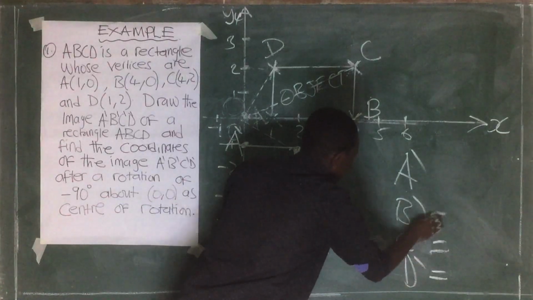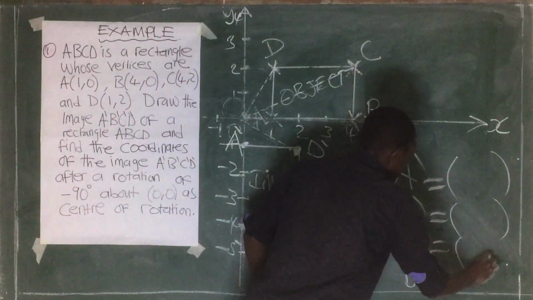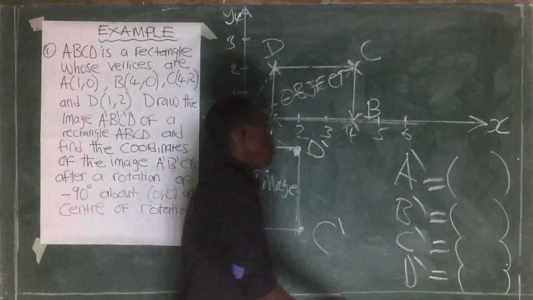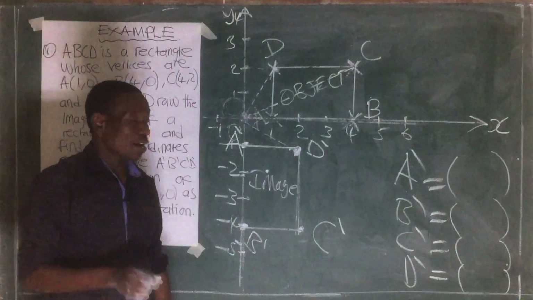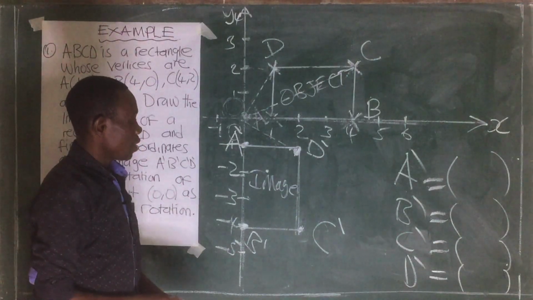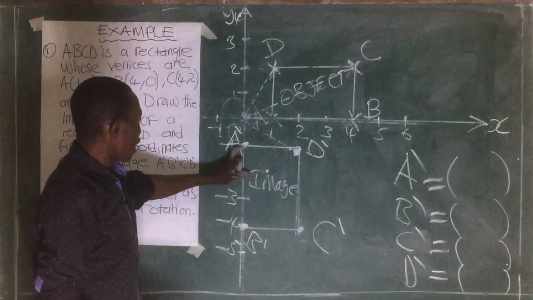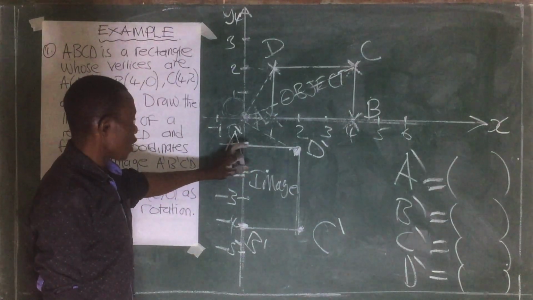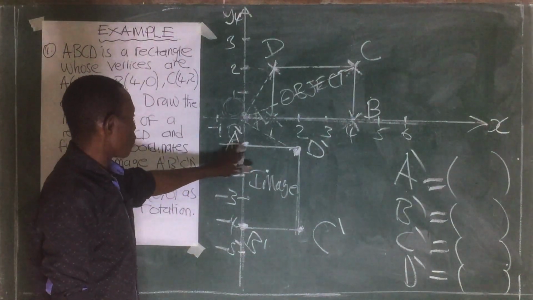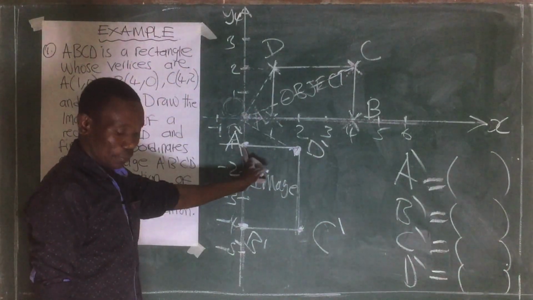What are they? Usually in exams they'll give you graph paper. All these points will just be exact, and I don't think you'll find some problems. Like here for point A, you'll find that the coordinates of point A are found when x is 0, y is negative 1.